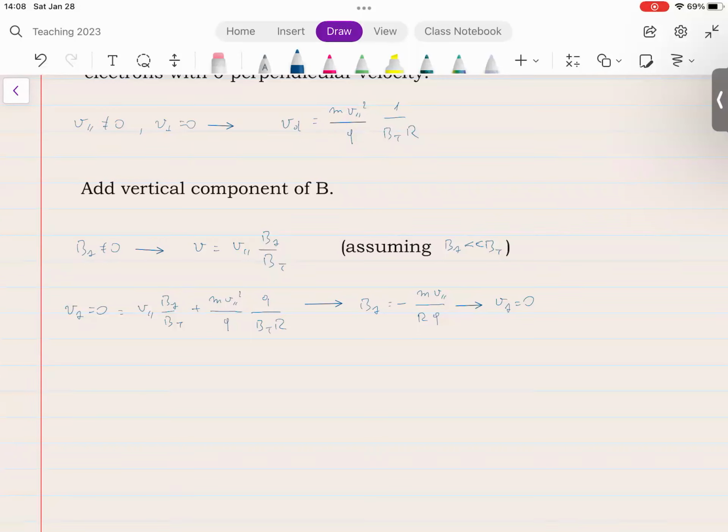And oh, oops, sorry. I don't know where this q came from. So this is 1.